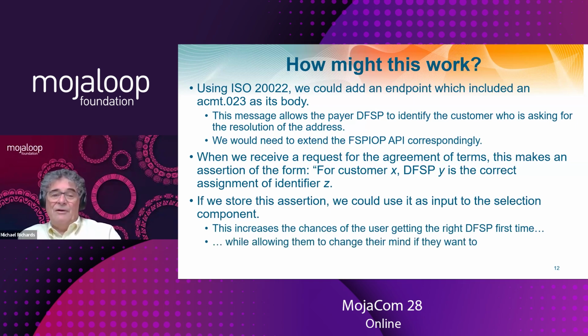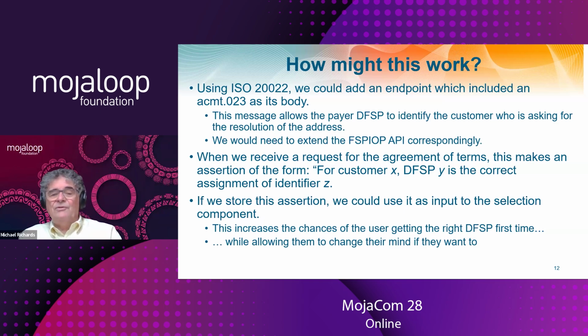But it would also allow them to change their mind if they want to. So a customer could reject an initial identification, say, I don't want that, in which case they'd get the next one in the queue. And the next time they made a request for agreement of terms, their preference would change. We could get quite sophisticated with that, but we wouldn't have to.